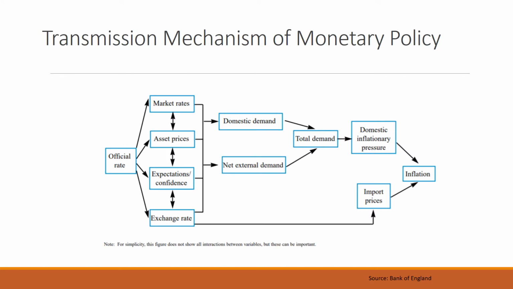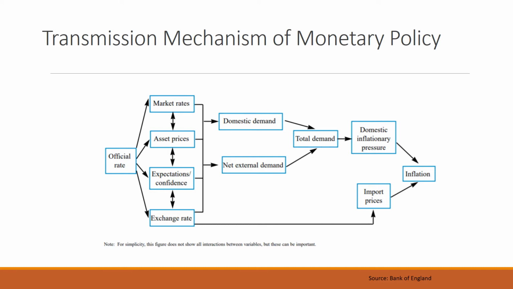This slide shows the transmission mechanism of monetary policy as laid out by the Bank of England. According to this transmission mechanism, a change in the base rate, or the official rate, will affect market rates, which are the interest rates of commercial banks. It will also affect asset prices, such as houses.